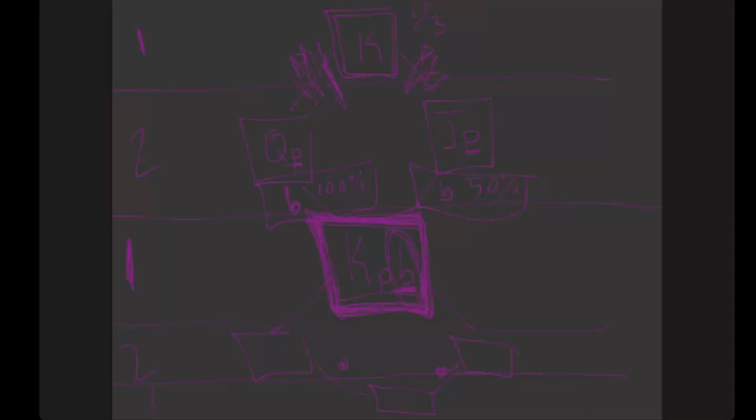The reach probability for this one down here is going to take into account my opponent's probability. So you might want to calculate it as 1/3 times 100% plus 1/3 times 1/2. Okay, and this will end up giving you 1/2 because it's going to be 1/3 times 3/2, which is 1/2.